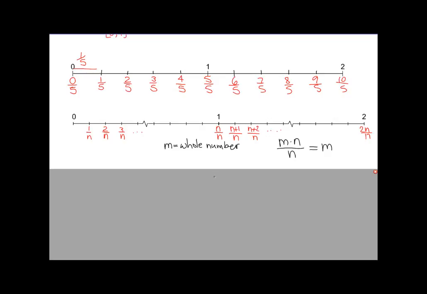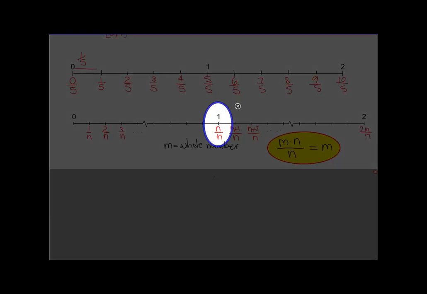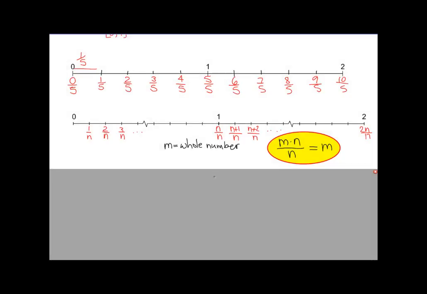Let's highlight that one because it's an important result. There we are. And probably the most common use of this fact is when we notice that 1 is equal to n/n. Any whole number over itself as a fraction represents the whole number 1.